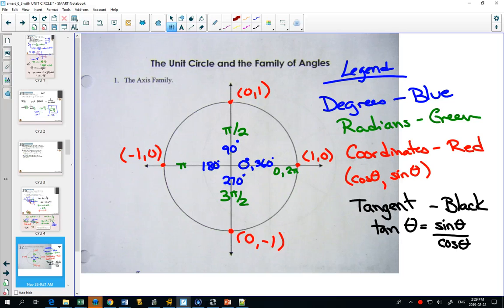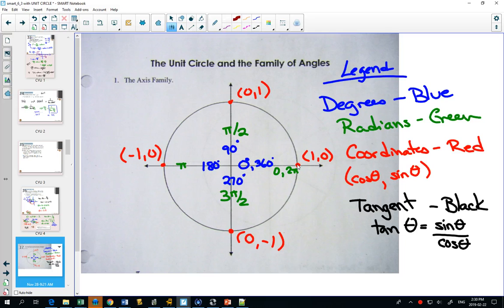Sine of 270 degrees, negative 1. Cos of 2 pi, 1. So we just need to know the coordinates, and then we can know sine and cos of all of those angles. And since we have a unit circle where the radius is 1, all of those coordinates on the axes are easy to find.